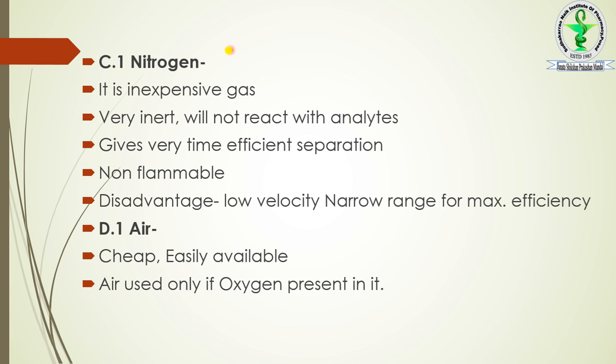Because it is the simplest one, it is inexpensive, means less expensive. Then second thing is very inert, ये inert है, will not react with analytes, analyte के साथ react नहीं होता है. Then gives very time efficient separation, time efficient separation भी हमें देता है. Then non-flammable, so flame का कोई danger नहीं है.